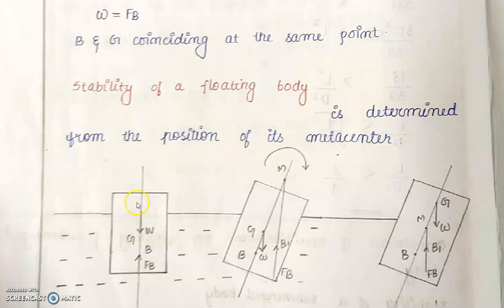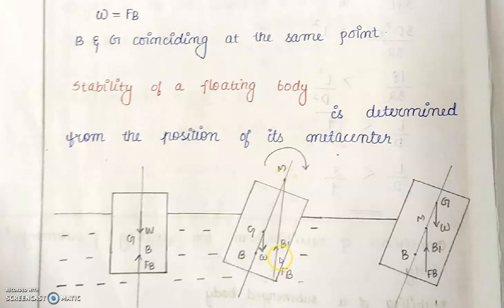Suppose this is the original position of the floating body. When I give a small tilt, what happens? The center of buoyancy gets shifted to the B1 location, and this is the force of buoyancy direction, and it meets at the metacentric point, that is the metacenter.